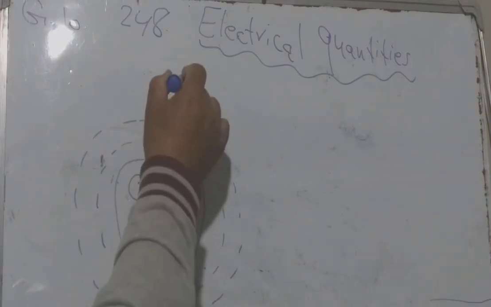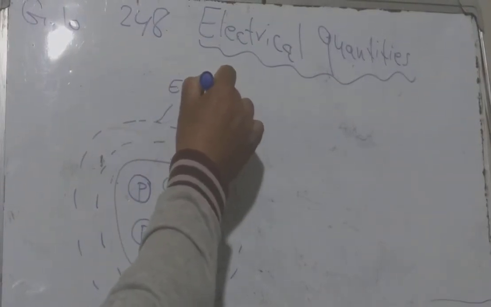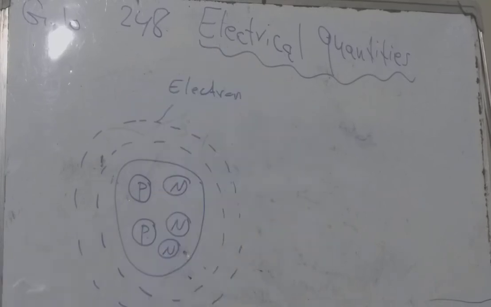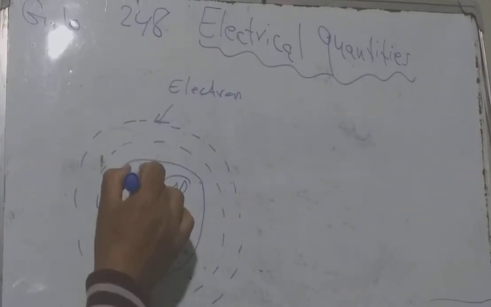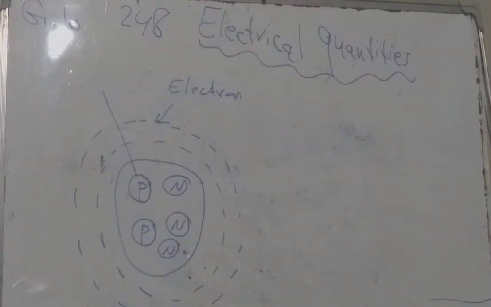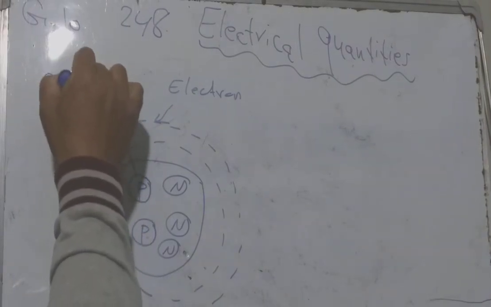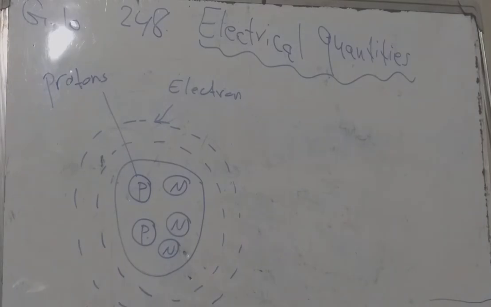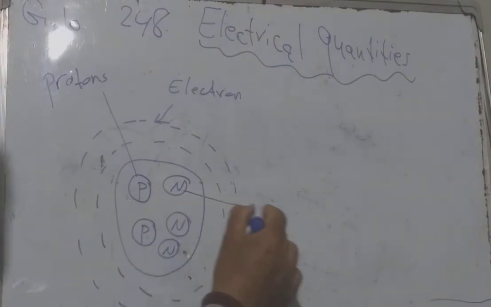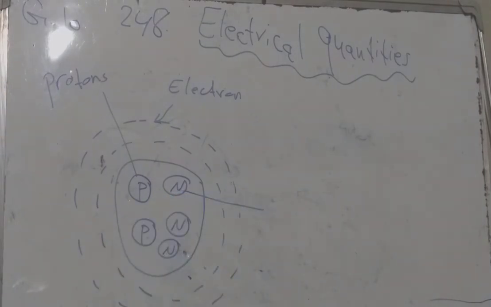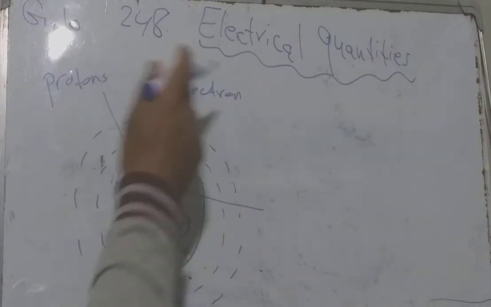This one is the electron, or electrons. This one is a proton. This one is a neutron. So all atoms are made up of three main parts.